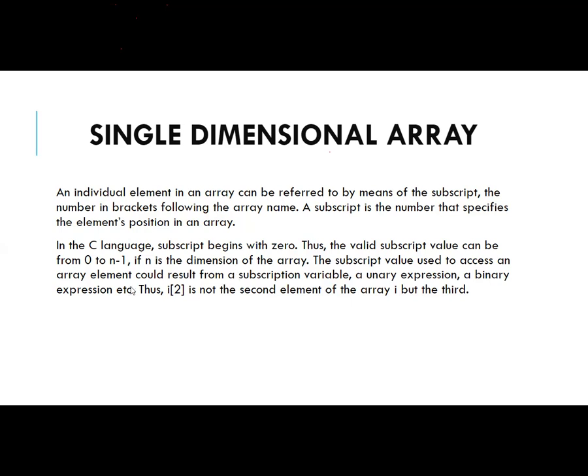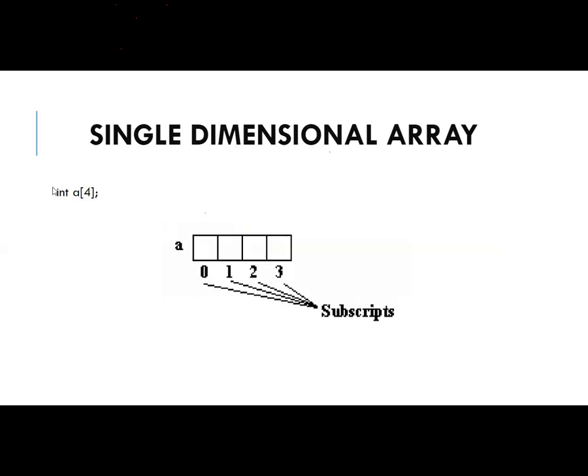Yes, so here you can see. If I declare an integer array of size 4, can you see now these positions? Now is the picture clear to you, whatever I have told you? So I have this variable a, which is of integer type, which is capable of storing 4 elements.